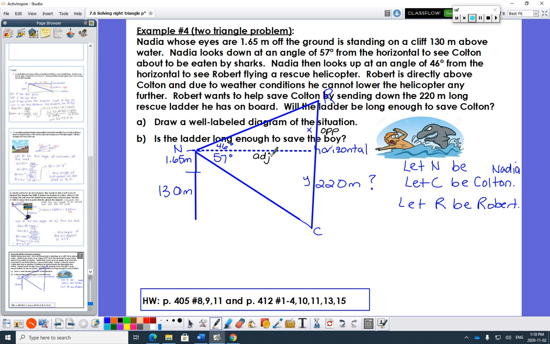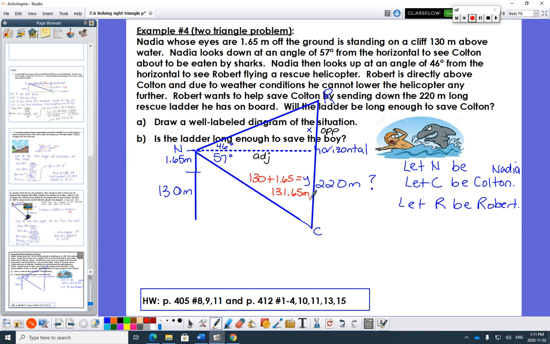Oh, wait a minute. I don't know what the adjacent is. So then, I know it's weird, but technically, we know how tall Nadia is. We know how far away she, like this distance here. So we know what Y is. So it's like a little puzzle. Just keep writing, filling things in.